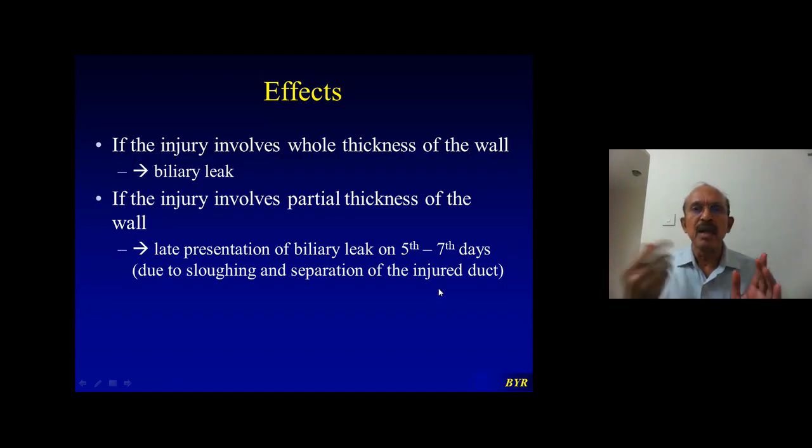He sutures the abdomen, or takes away the ports and closes the ports if he had done a laparoscopic operation. On the third to seventh day, the patient will come to you with bile peritonitis. If a drain is there, there will be leakage of bile through the drain. If a drain is not kept, the patient will come to you with severe abdominal pain and fever due to peritonitis.